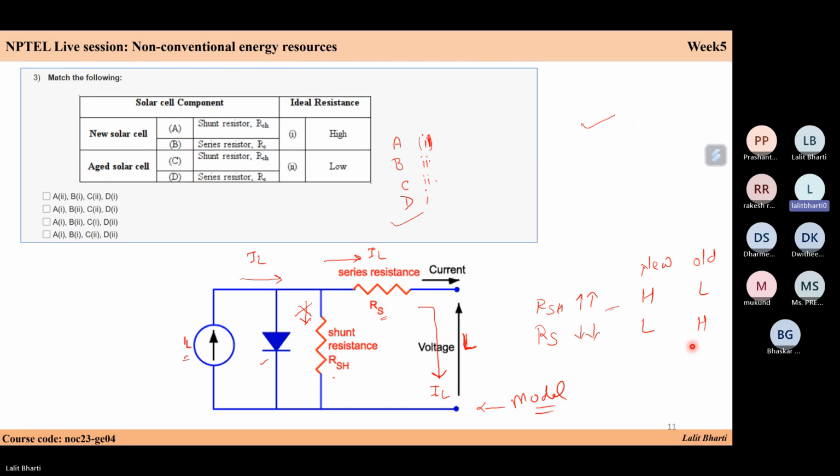So with time your RSH values are getting lower and the series resistance values are getting higher. So you can match it. Shunt resistance should be high, series resistance should be low, and in your aged solar cell they are getting inverse.